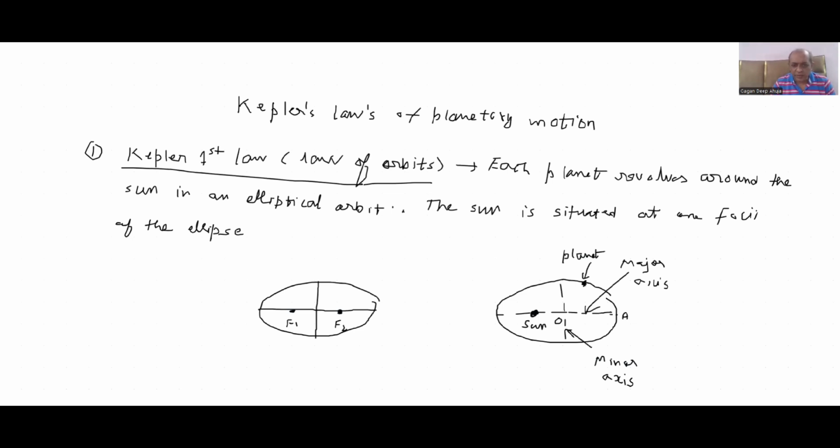And there is another position represented by P when the planet is closer to the sun. And this position is called perihelion position. Okay. And position A is called the aphelion position.